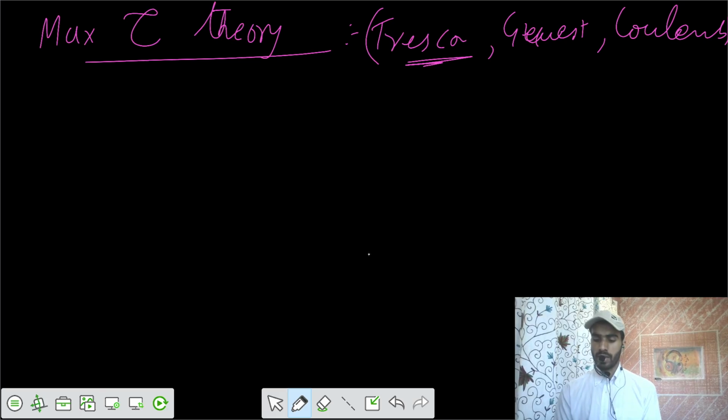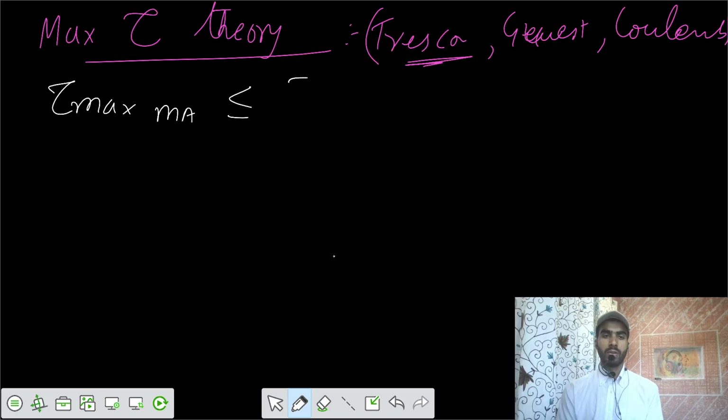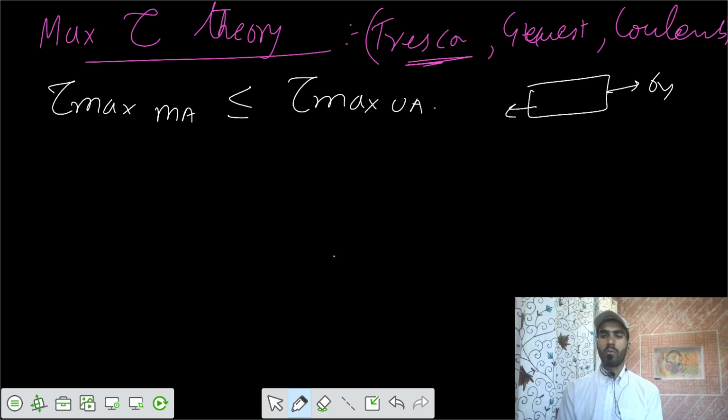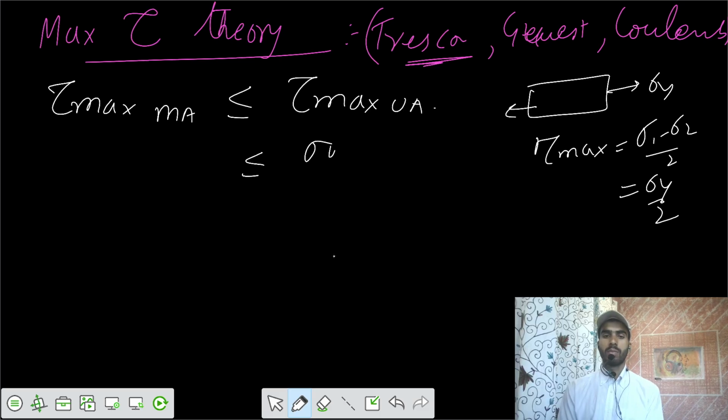The shear stress theory says that tau max in multi-axial loading should be less than or equal to tau max in uniaxial loading. For uniaxial, only sigma y is acting in one direction, so tau max for uniaxial is sigma 1 minus sigma 2 by 2, that is sigma y by 2. So it should be less than or equal to sigma y by 2.